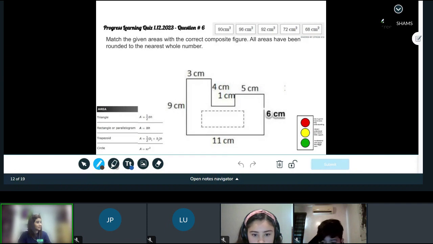Very good, Andre. There are so many different ways you guys have split this composite figure. It is so amazing to see. Remember, everybody will get the same answer at the end, no matter what kind of rectangles you plan to create. I will follow Emiliano's example.